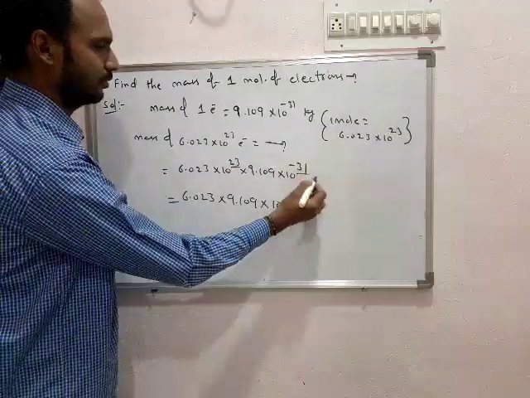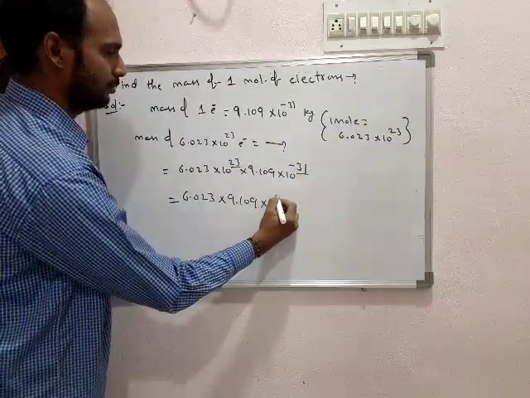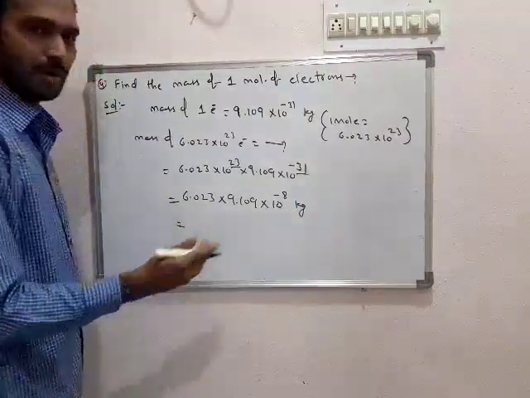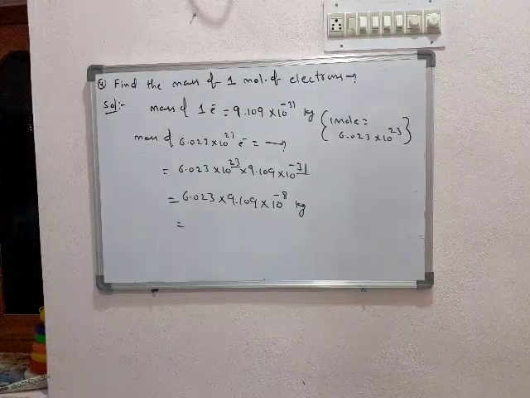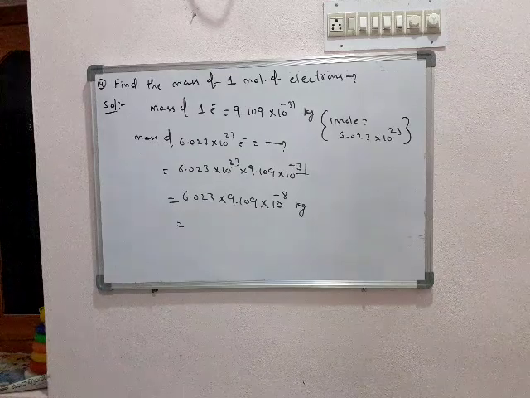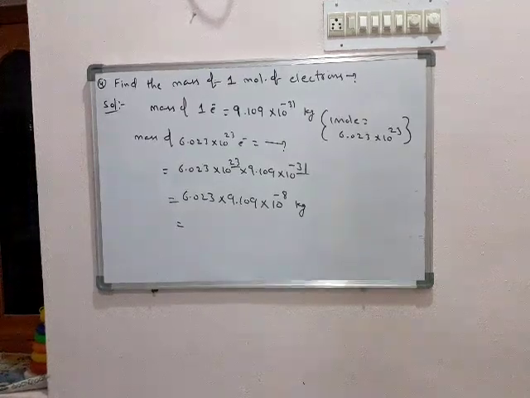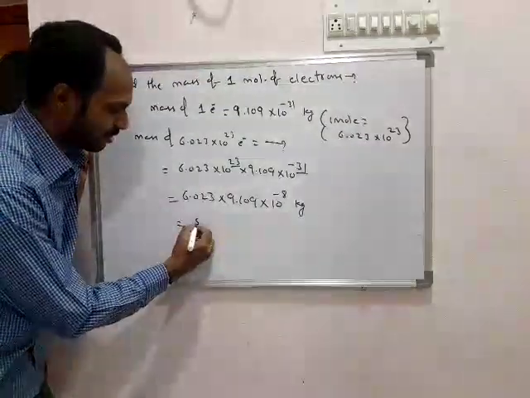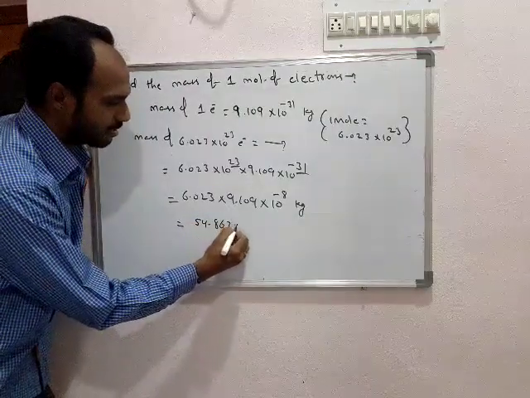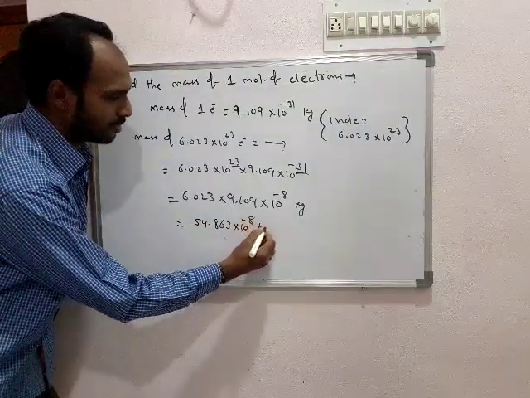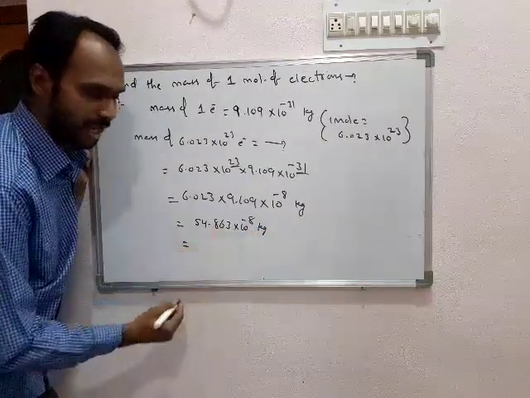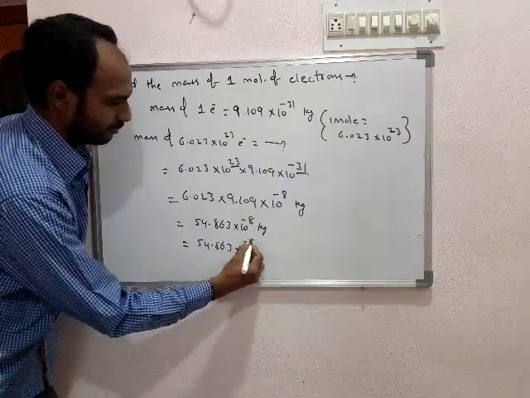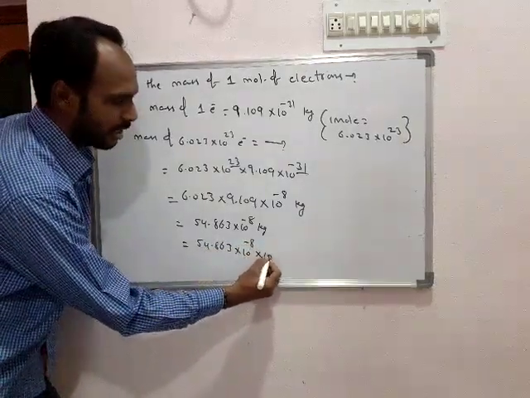That is 10 power minus 31, or we can say that is 54.863 into 10 power 8 kilograms. I'll convert it to grams. 1 kg equals 1000 grams.